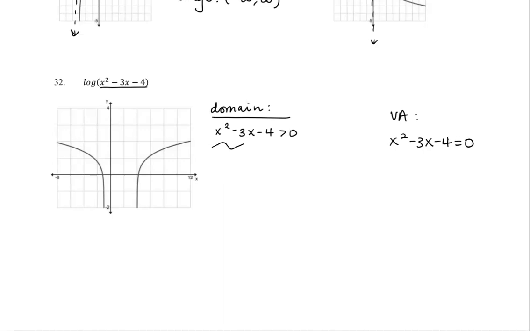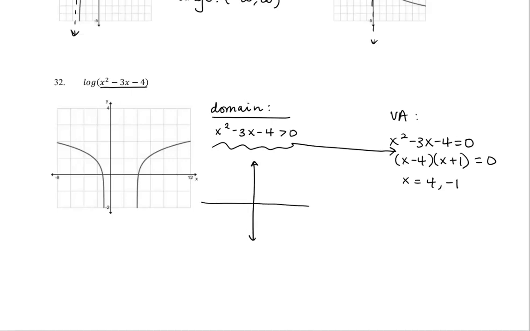Now, in order to solve this inequality, we have to first solve this equation, which can be solved by factoring. This factors into (x minus 4)(x plus 1) to give us two answers of 4 and negative 1. That lets us know that the x-intercepts for this quadratic function are (-1, 0) and (4, 0), so that the parabola looks like this.